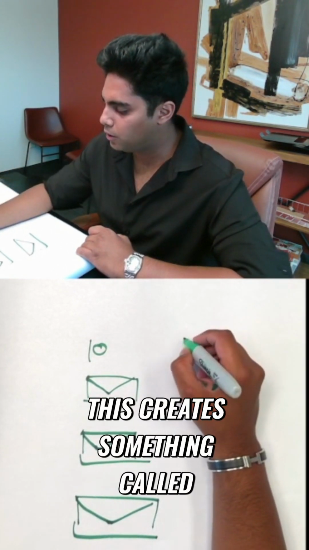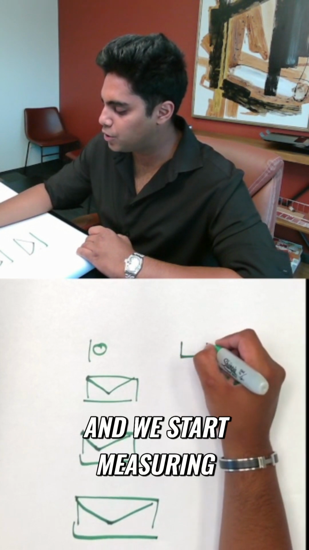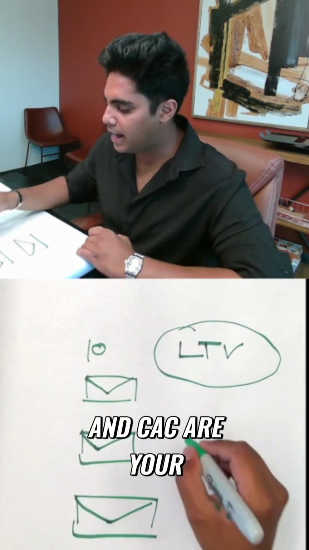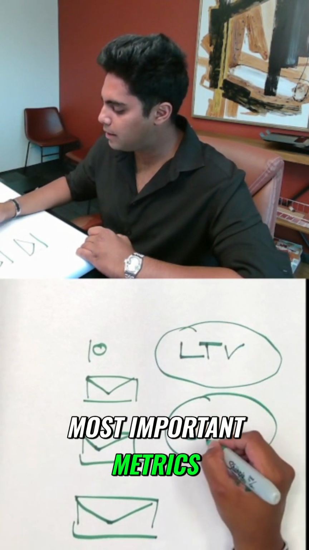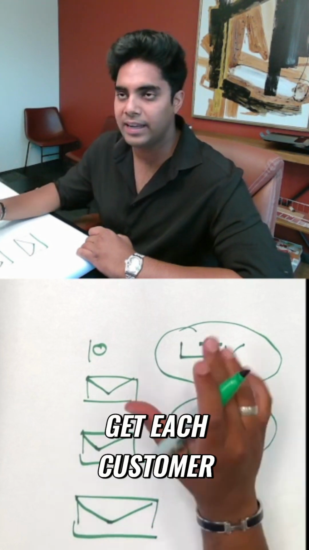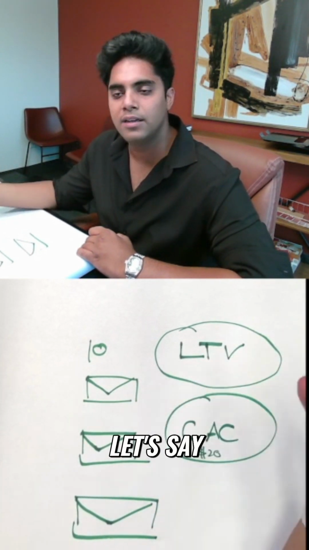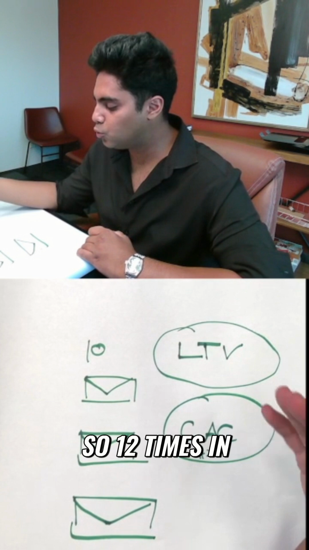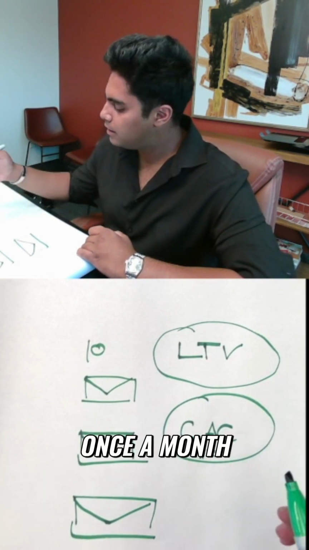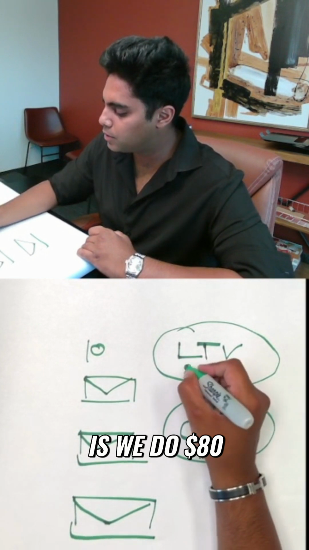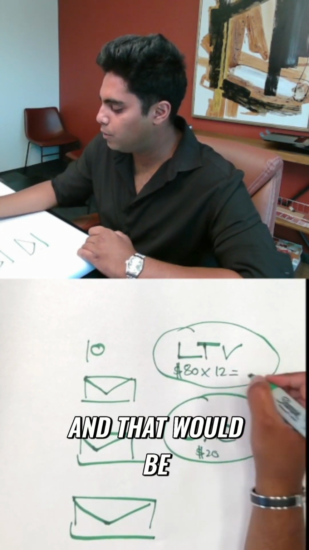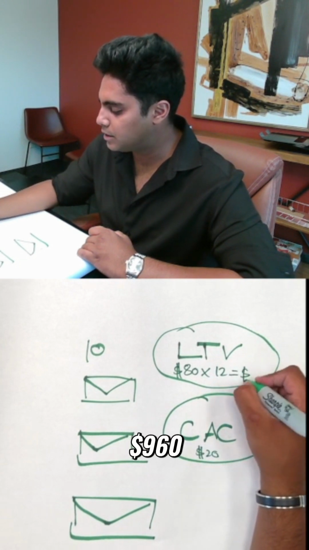This creates something called customer lifetime value, and we start measuring that right off the get-go. This and CAC are probably your most important metrics. So if we can get customers for $20, and if we can get each customer on average, let's say, to come back once a month, so 12 times in a year, then we do $80 times 12, and that would be, I believe, $960.